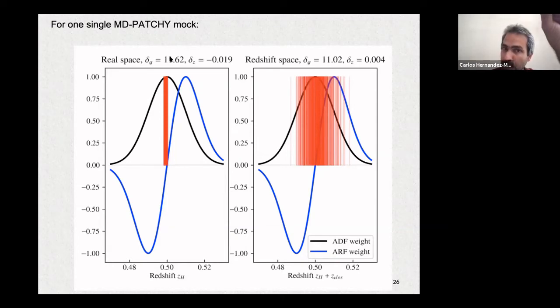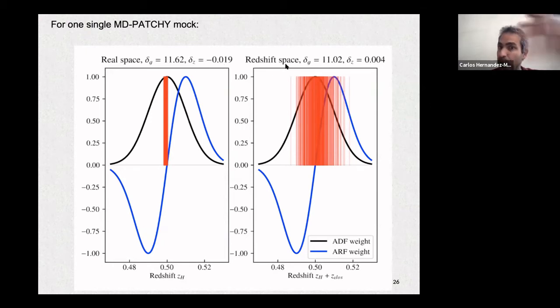In real space, when we ignore the velocities, you have a bunch of galaxies at redshift 0.5, giving this overdensity, and this is the weighting function for the angular density fluctuations. However, the angular redshift fluctuations are sensitive to the gradient under this Gaussian shell, to changes around it. In real space, this happens to fall close to 0, so the angular redshift fluctuation is very small.